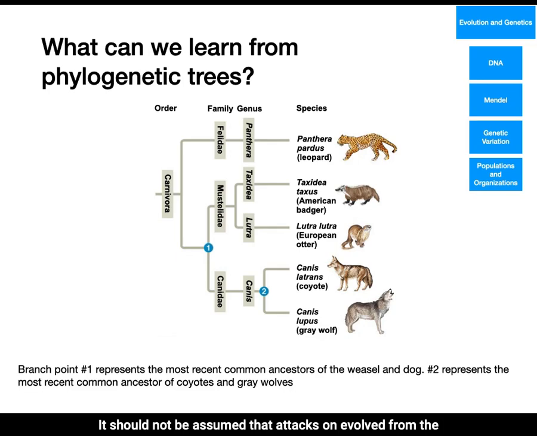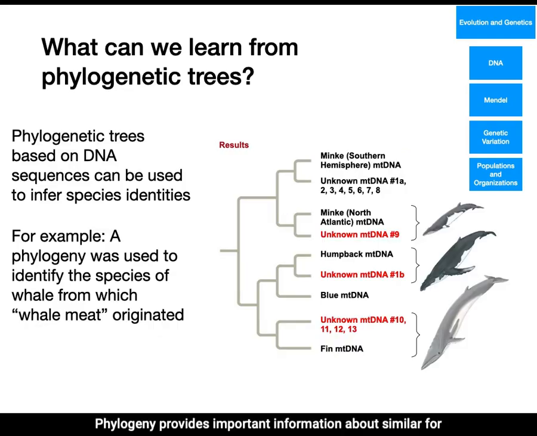It should not be assumed that a taxon evolved from the taxon next to it. Phylogeny provides important information about similar characteristics in closely related species. Phylogenetic trees are based on DNA sequences that can be used to infer species identity.